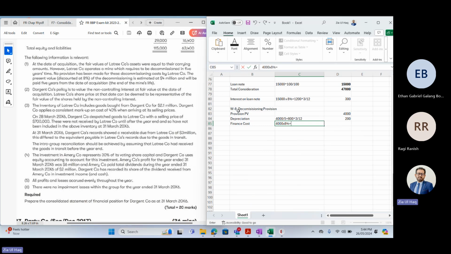What's that? 320. That's per year. Yeah, this is per year. But we need to charge for 3 months. So multiply by 3 by 12. How much is that? 80.